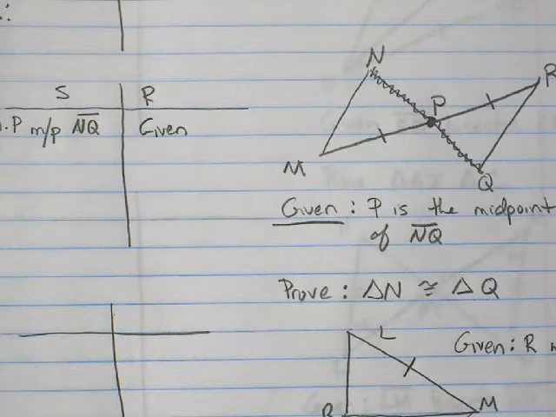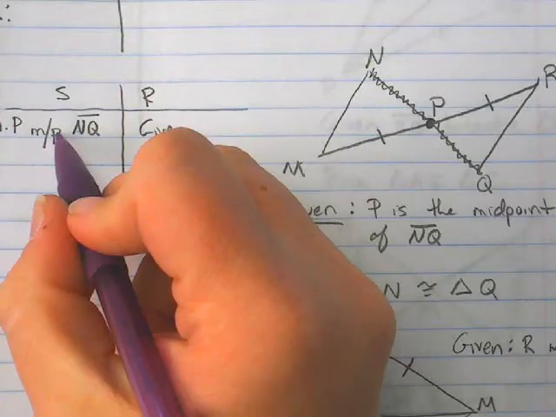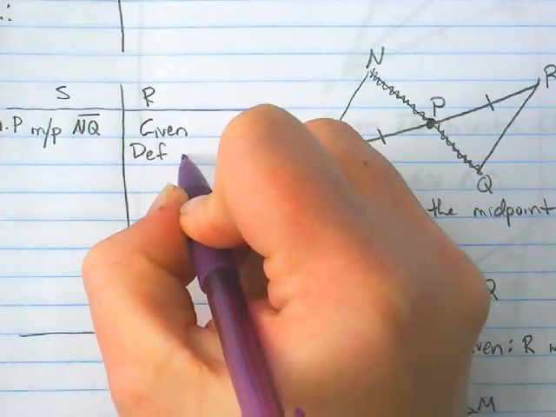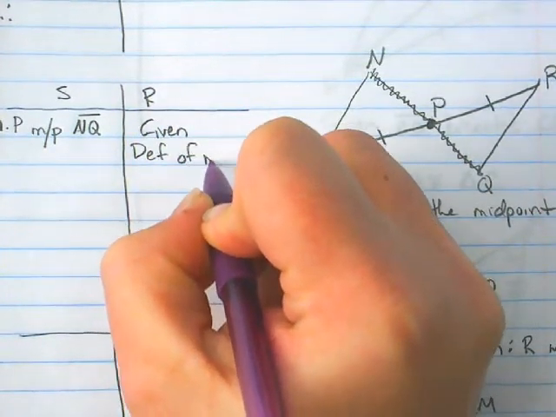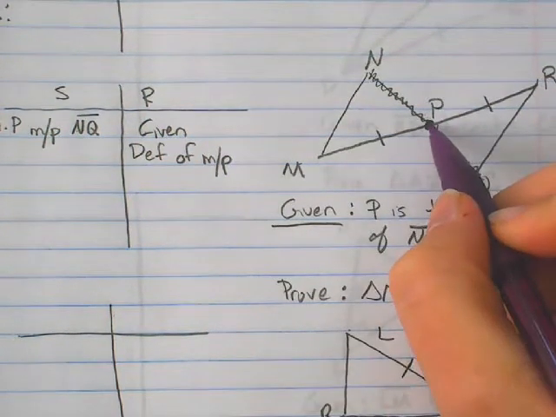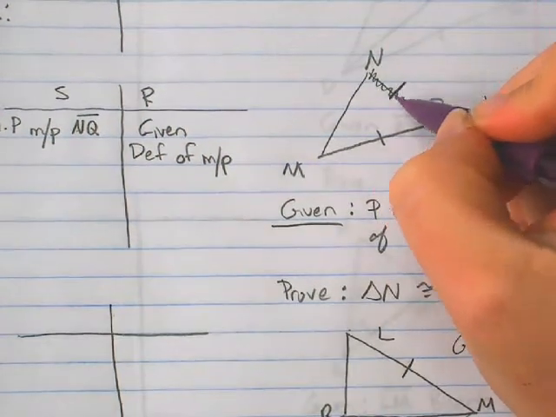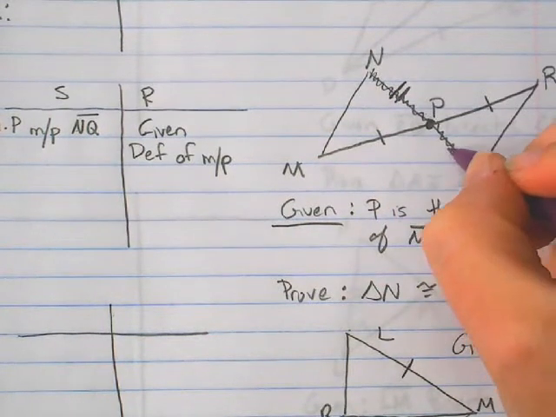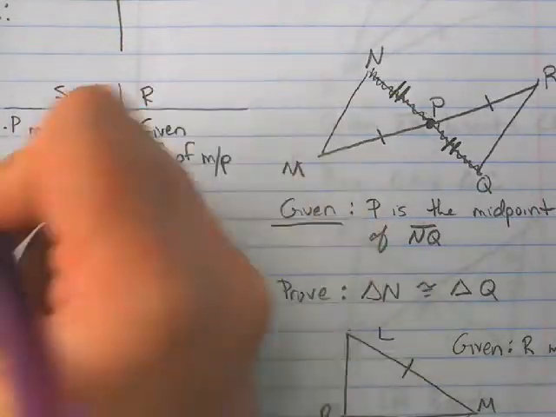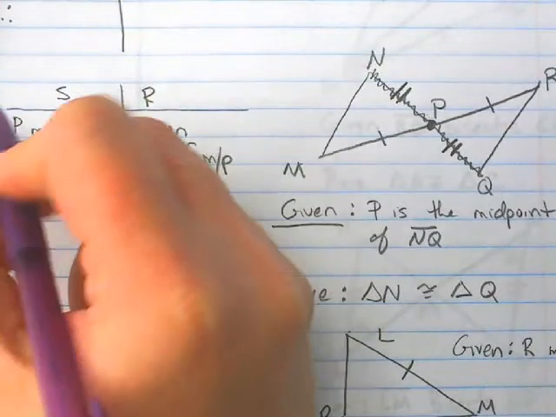After I have written that, anytime I write midpoint, my next reason is always definition of midpoint. Because P is the midpoint, I know that NP and QP will be congruent. So that's what I write.